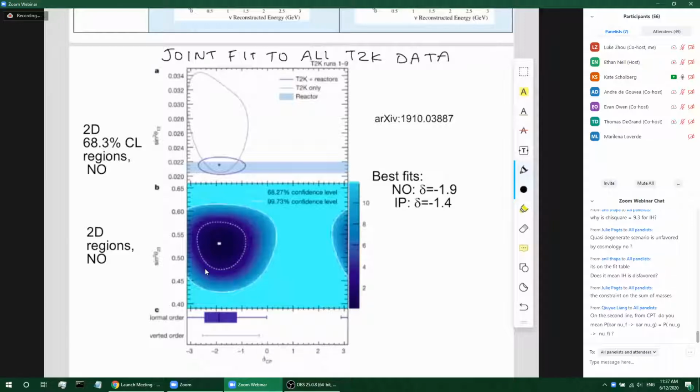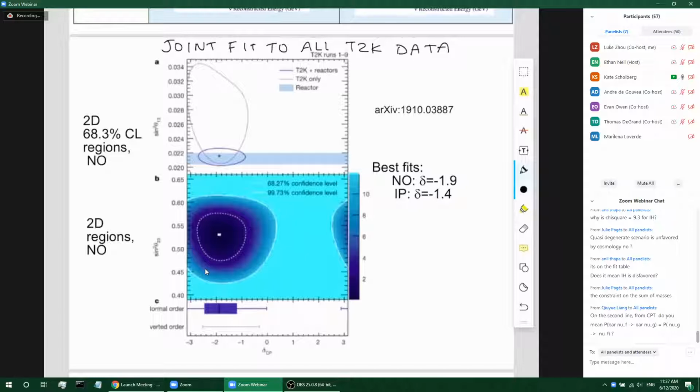And the top one shows, so the horizontal axis in both cases is the delta CP. So it's fitting that big horrible expression to all the parameters. The top one here, this is sine squared theta 1,3. And if you throw in also the reactor data, you get a much tighter constraint.